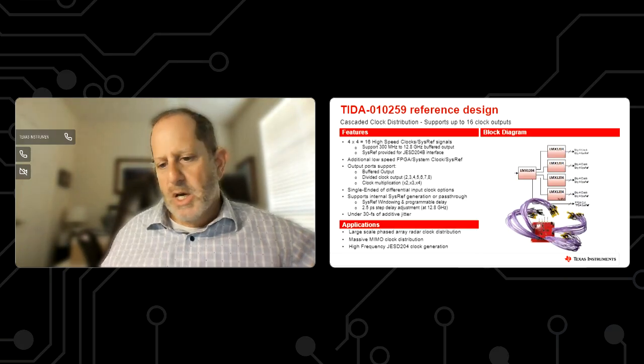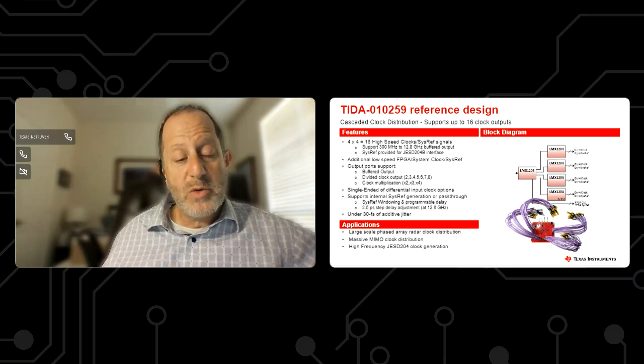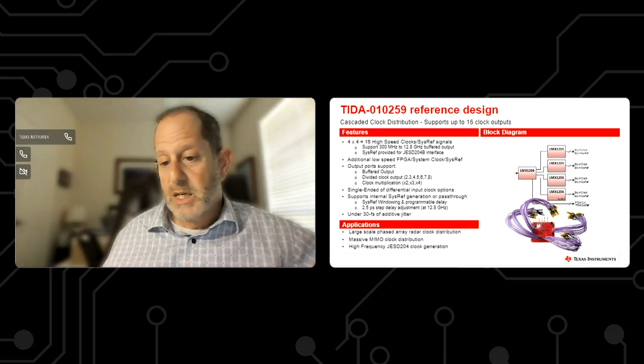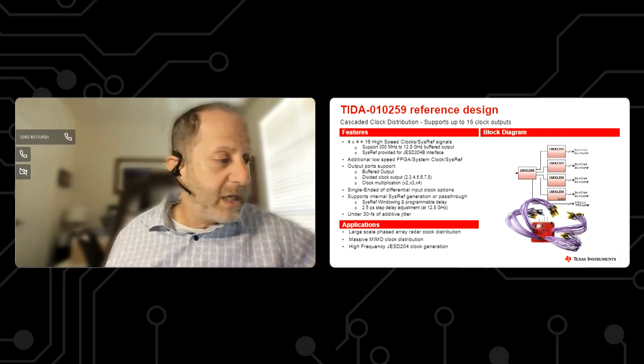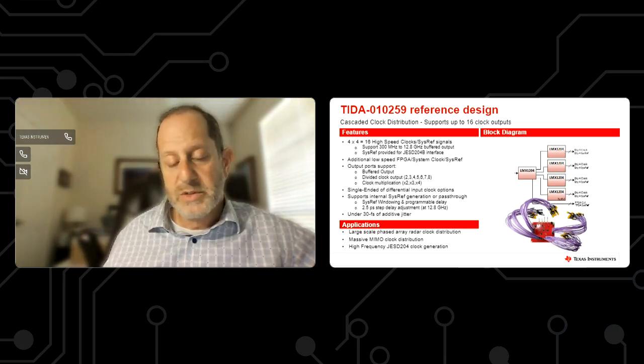Another reference design is the TIDA 010259. This is from clocking. I saw a mention in the chat about synchronization and clocking. I'll talk more about that when I conclude, but this is an area that's a very nice solution for distributing your clocking for very large phased array systems.